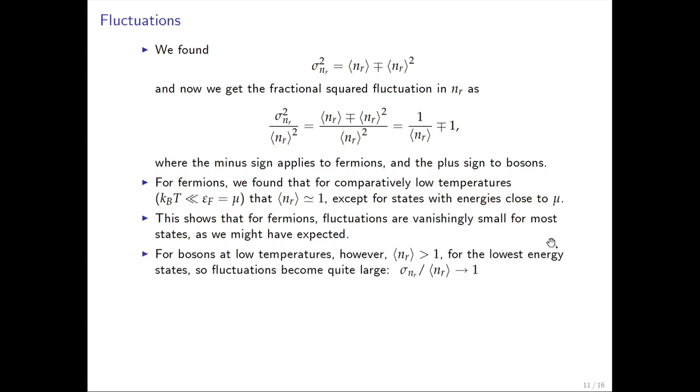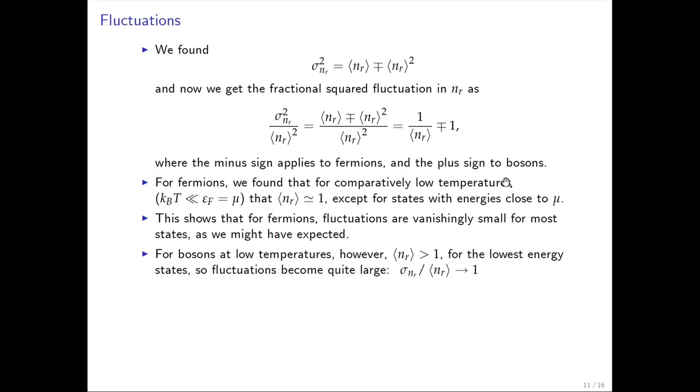Now for bosons, however, this occupation number can get much larger than 1, especially for the low energy states, as we've discussed, right? So these fluctuations can become quite large. When this gets really large, that term goes to 0, and the fractional deviation would be like the square root of 1, which is 1.